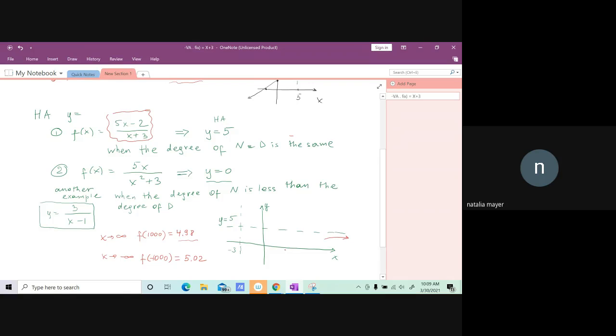And if x approaches negative infinity, is the function approaching the horizontal asymptote from above or from below? Above. From above. So it's like this. Okay. So this is much better.